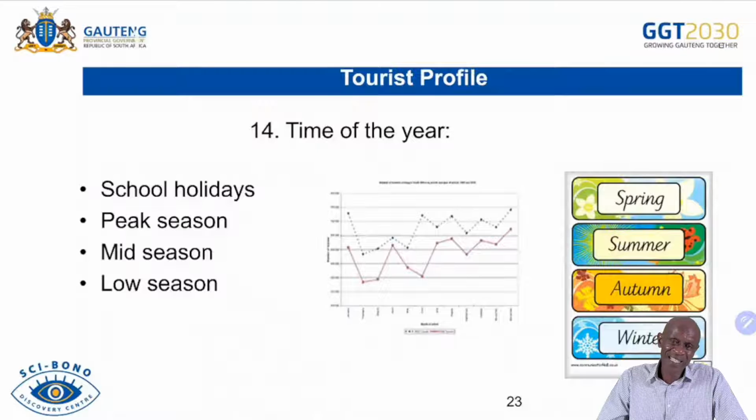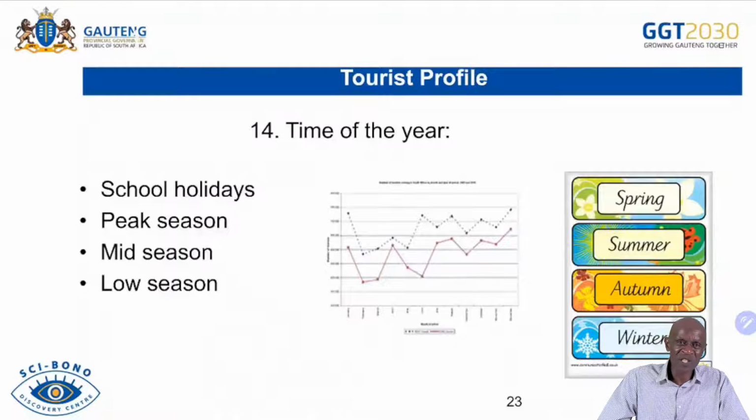The mid-season is not that bad as opposed to the peak season. Prices are slightly lower, but it is during the low season where it's cheaper to travel because prices have dropped. The low season, depending on the attractions that you would want to explore, is mostly in winter.